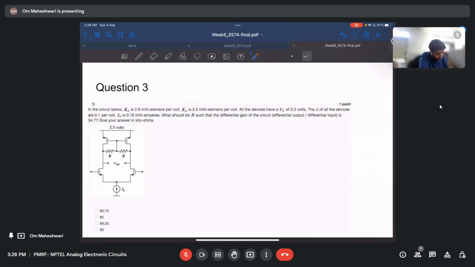So in this question, what do we have to find? We have to find R such that the gain is given. We have been given AD, we have to find R. So let us copy this.